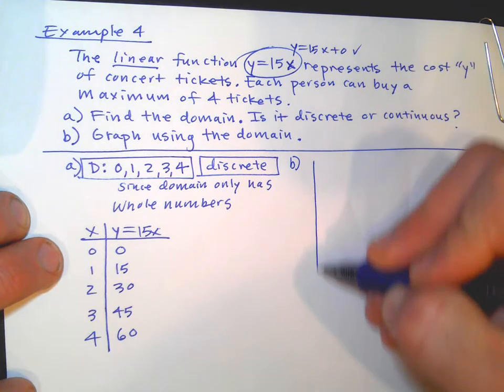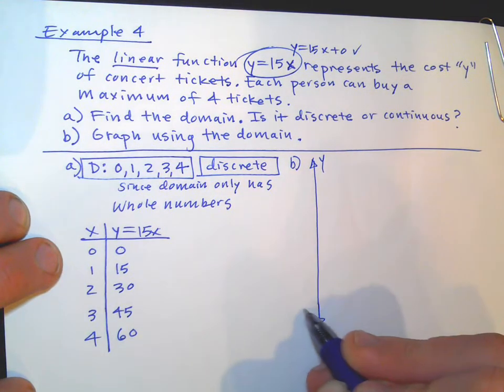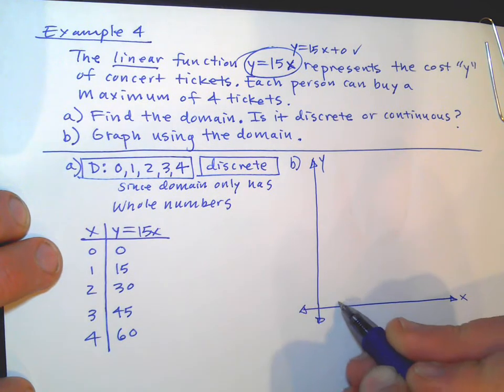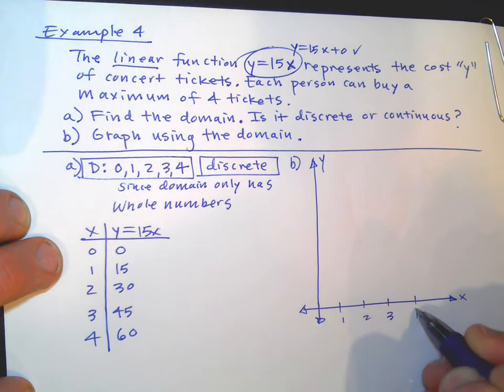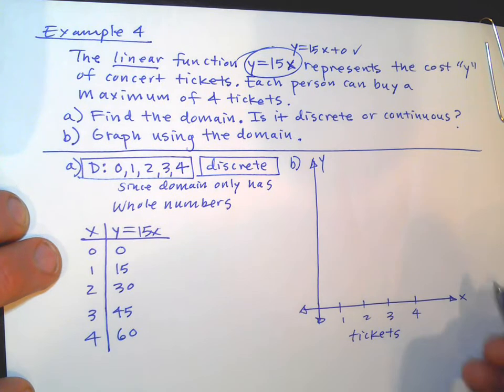Let's create a graph. And we'll put 1, 2, 3, 4. Tickets are the x-axis.